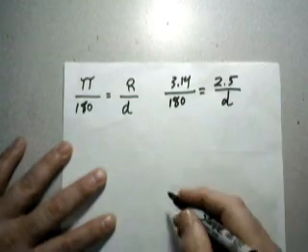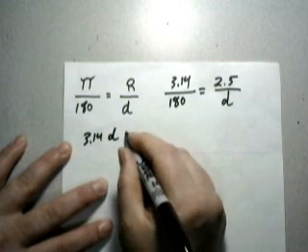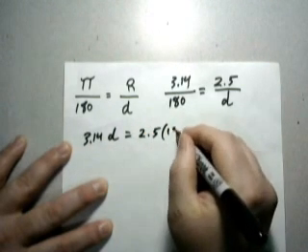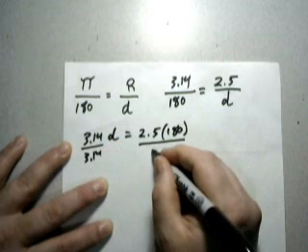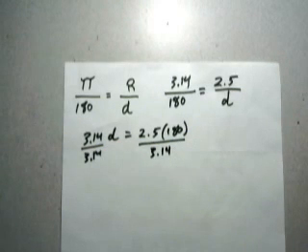So I cross multiply, so I've got 3.14 times the degrees is equal to 2.5 times 180, divided by 3.14. And that turns out to be 2.5 times 180 divided by 3.14, 143.3 degrees.